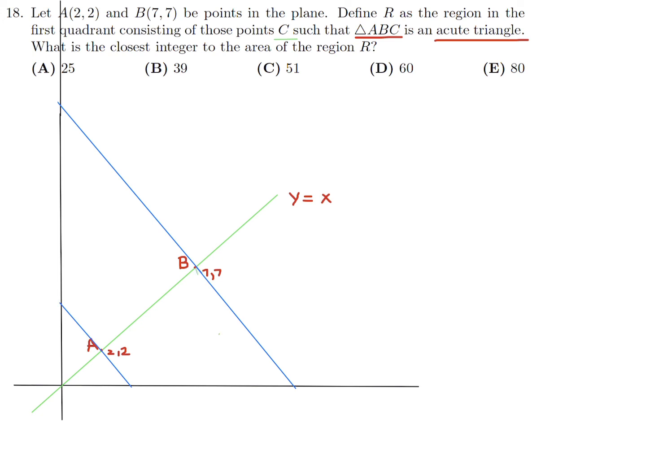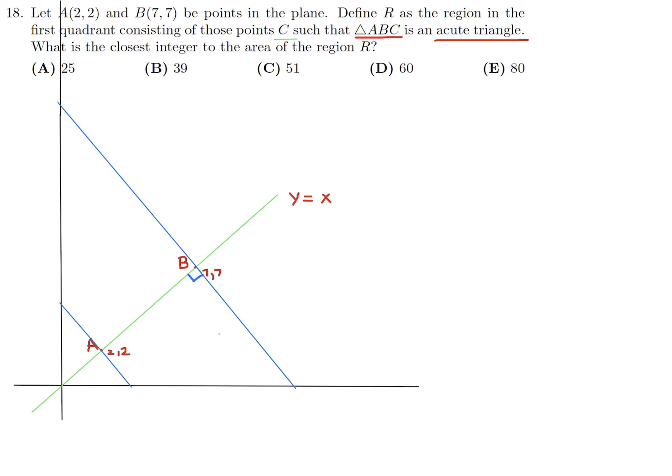If C is here, let's say, and I draw a triangle like that, it looks like the angles will be less than 90. But if you go beyond, look at that. This angle, obviously, is not 90 degrees. It's much greater. This is a very important question to understand these types of triangles.